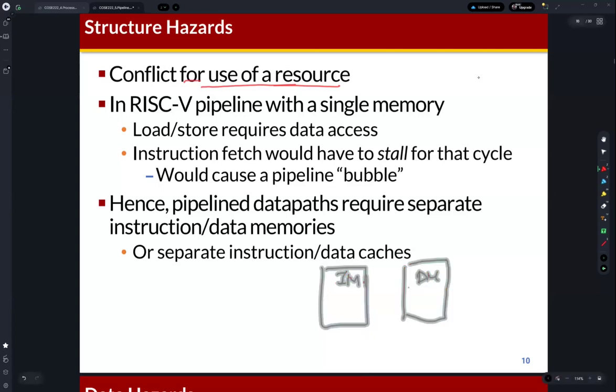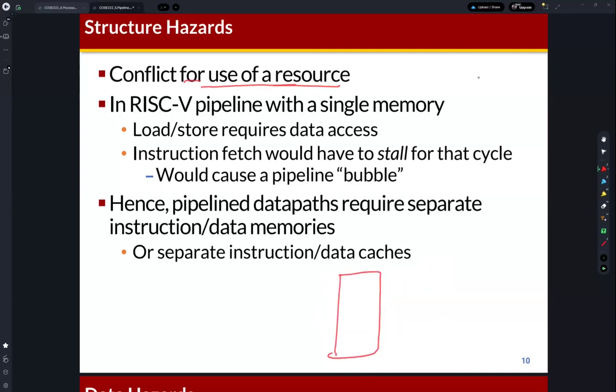So let us assume that the instructions and data are stored in the unified memory, like a single memory, right? It's a memory. And in order to get some data from the memory, we need to give an address, and then we get the data.